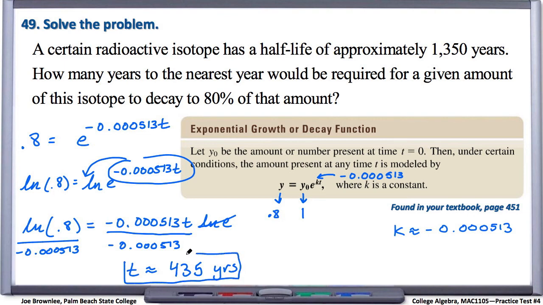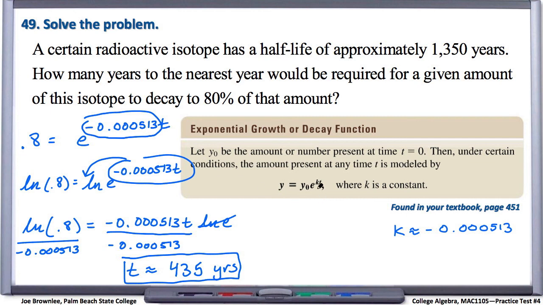So again, we had to use this equation for exponential decay twice. The first time, we were solving for K, the constant rate of decay for this isotope, because we needed this rate of decay in order to solve for t, the time it takes for 80% of this isotope to remain.